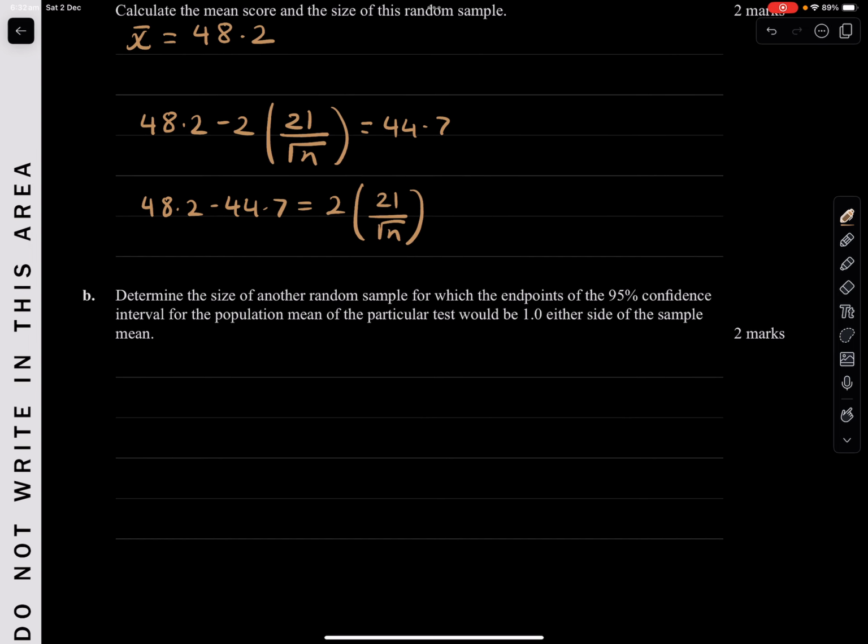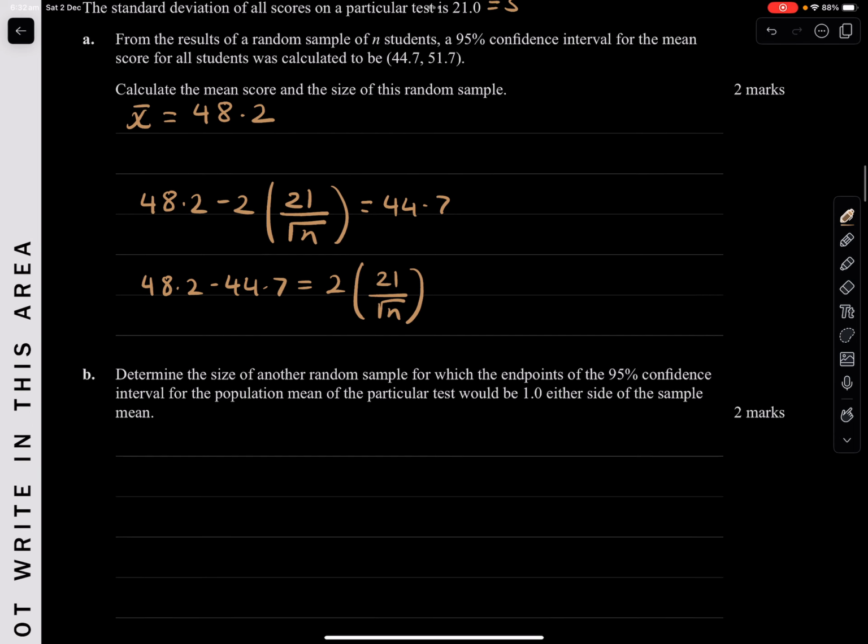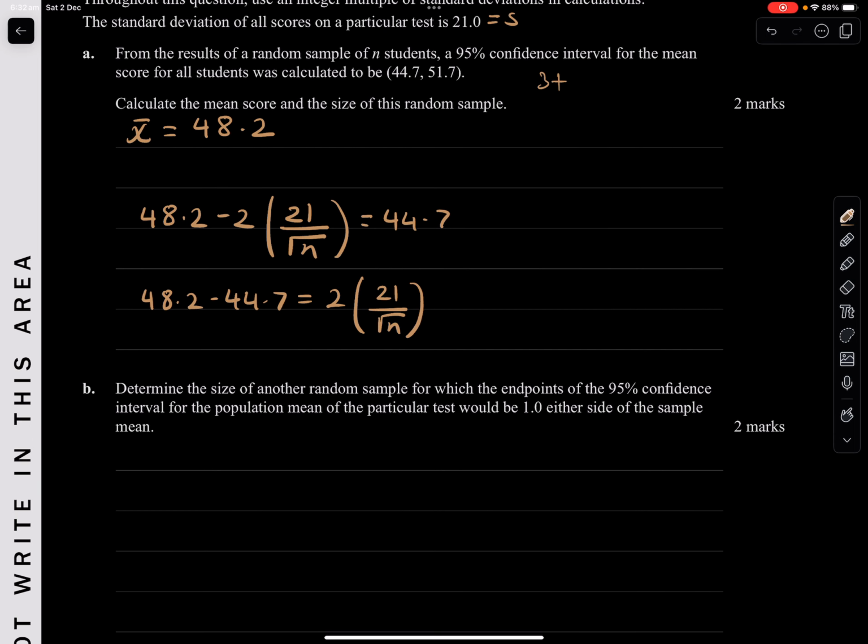So 48.2 minus 44.7 is 3.5, which is 7 over 2, which is 3.5.